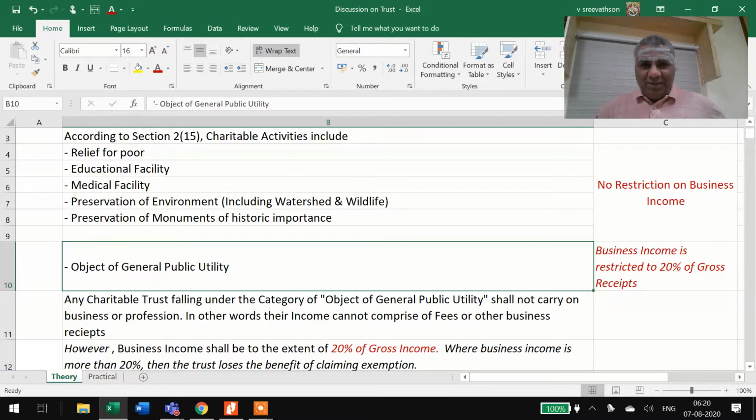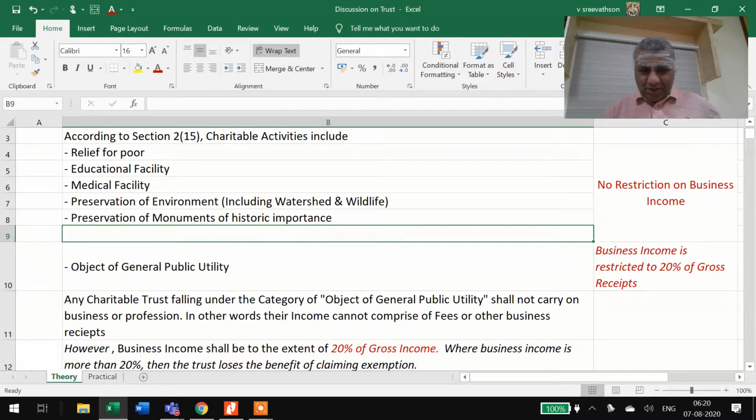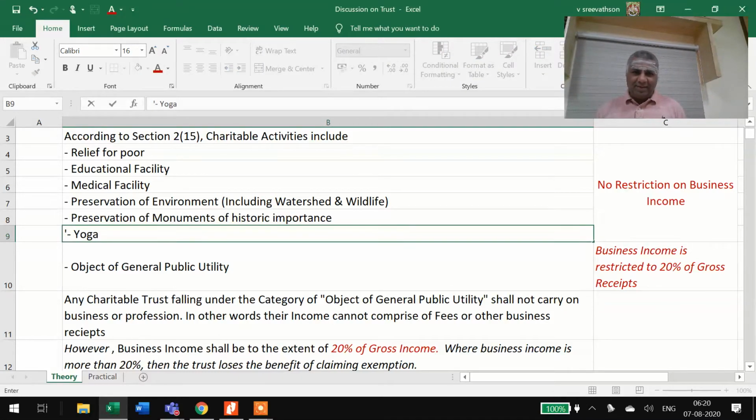So the finance bill separated object of general public utility. From that they took out yoga and put it here, so it went into the first category now.